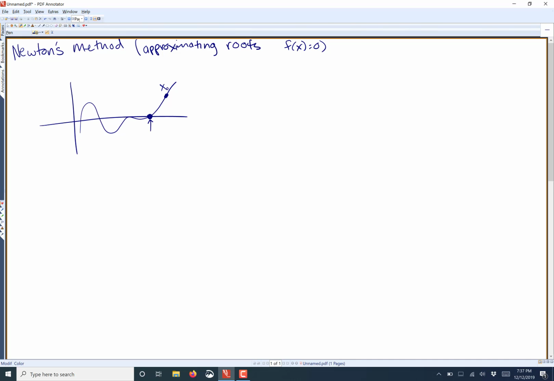Then what we will do is we'll find the tangent line. So we find the tangent line at that point. And the tangent line will actually cross a little bit closer than our first guess. So now we're actually guessing at x1.